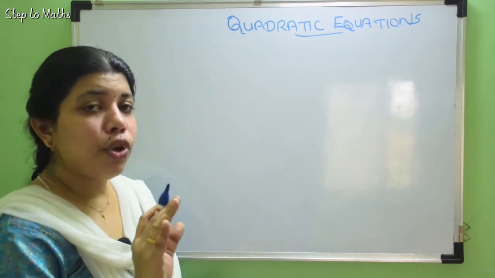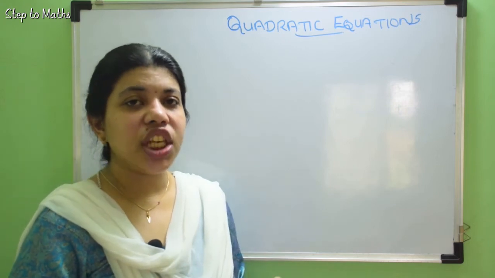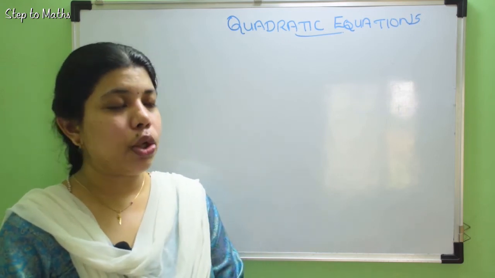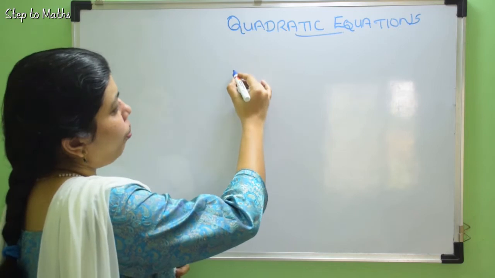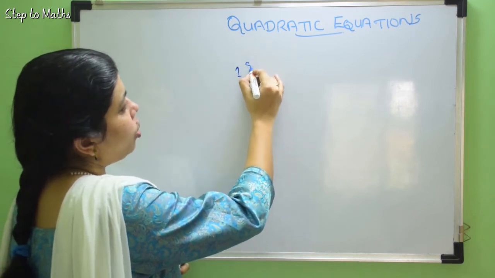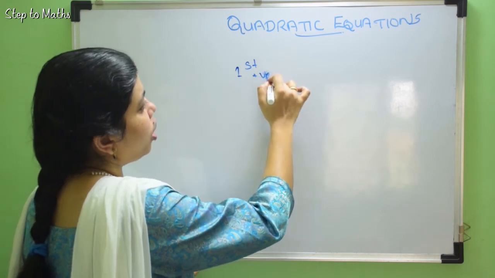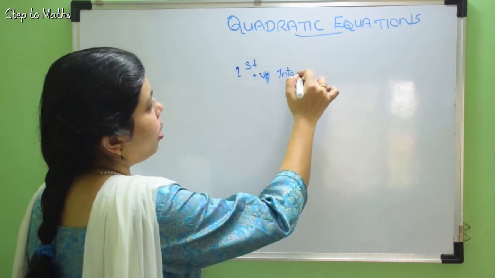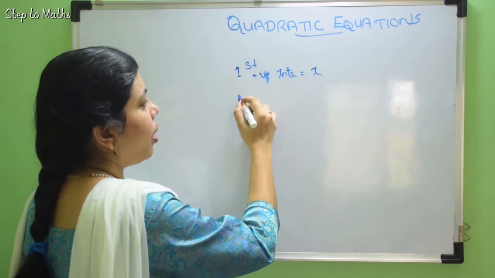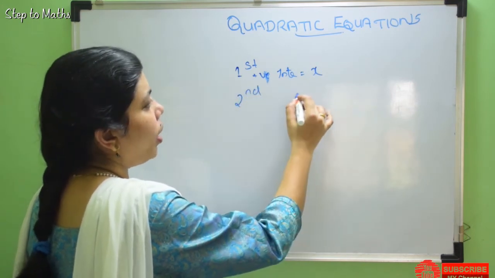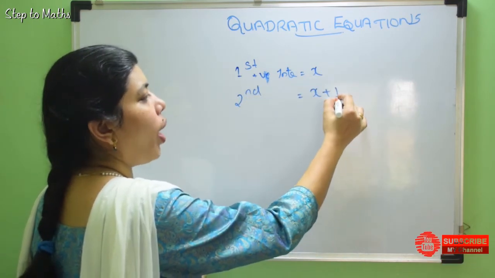Let us assume the first positive integer is equal to x. The second one is x plus 1.